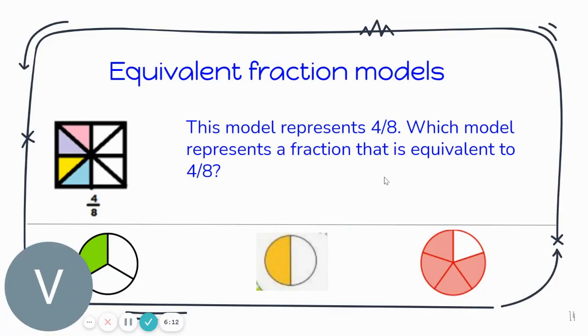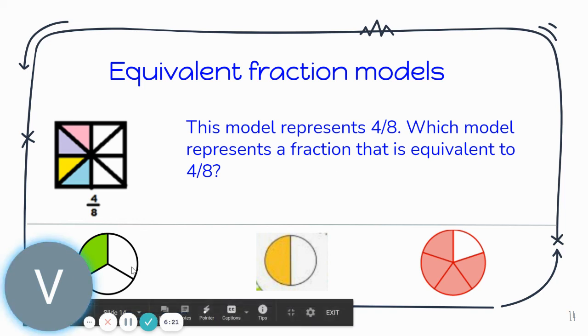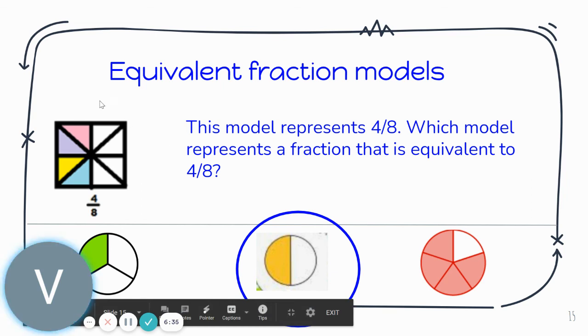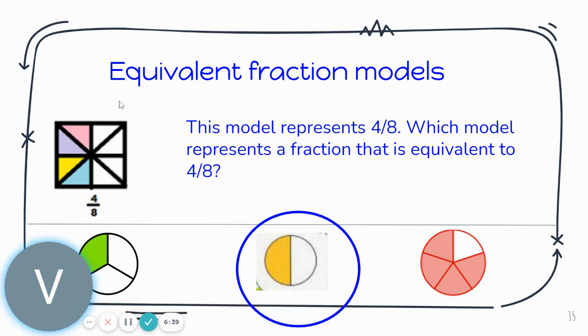So equivalent fraction models. This model represents 4/8. Which model represents a fraction that is equivalent to 4/8? Is it this green piece, the half, or 5/6? So my answer and your answer should have been the one that's cut in half, because if you're looking at the box, half of it's colored and half of it is not.